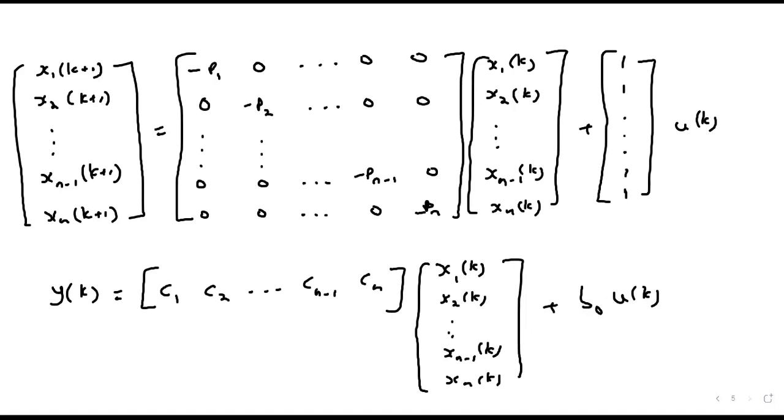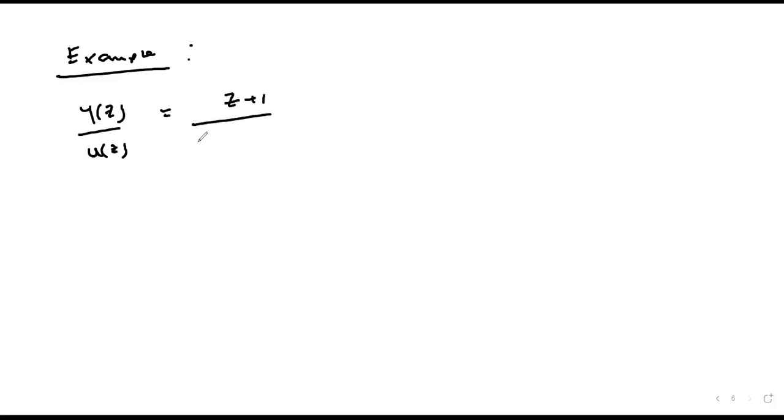Let's take an example and try to obtain the state space representation in the three different forms. So for example, given a discrete time system defined by the pulse transfer function y of z over u of z is equals to z plus 1 over z squared plus 1.3z plus 0.4.